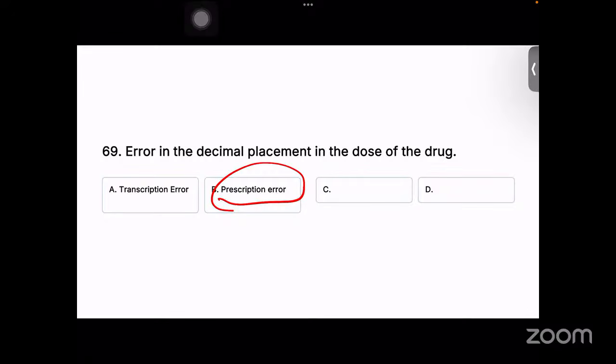So the decimal point comes as a prescription error. Thank God the patient did not get any bleed, so I escaped being sued. What I wrote in my notes was only 2,500, but what was written in the chart was 25,000. So at 25,000, they were buying 10 vials of 2,500 units.